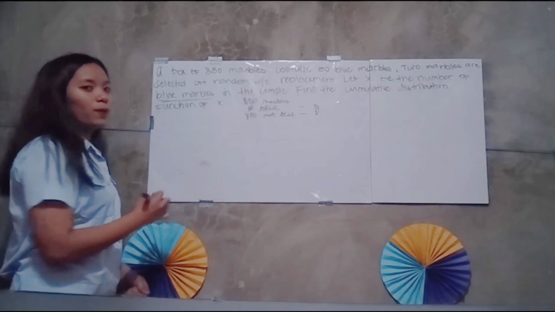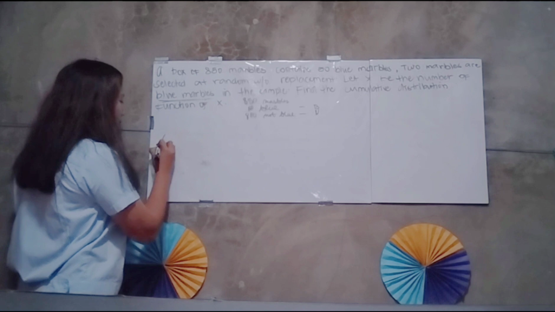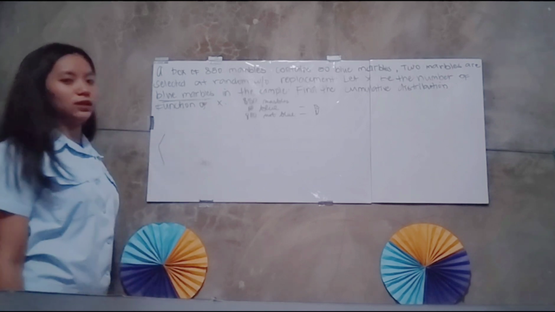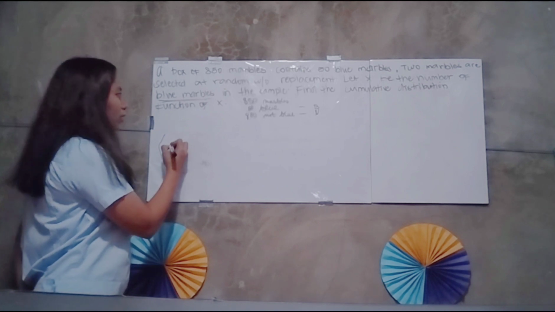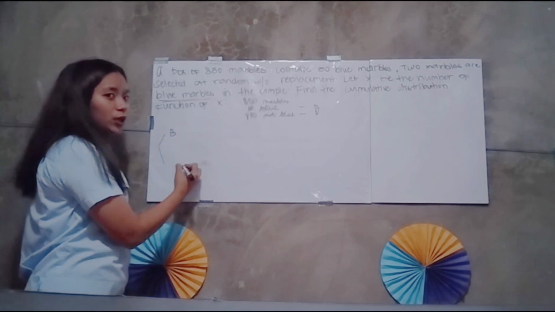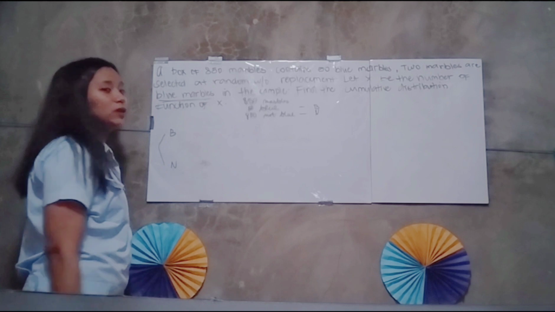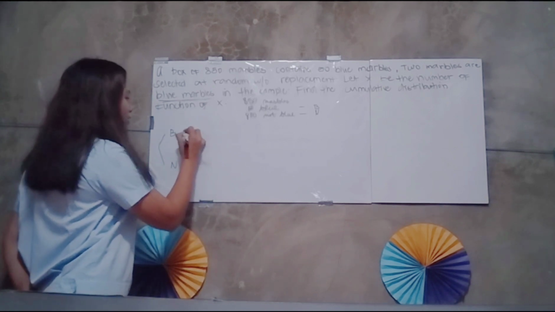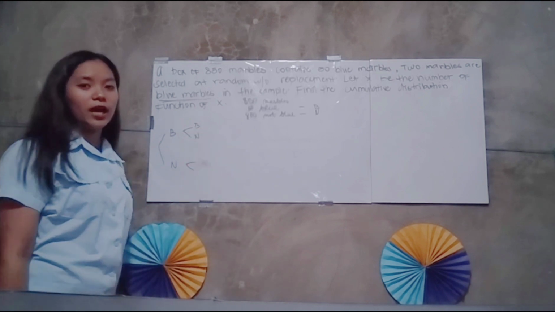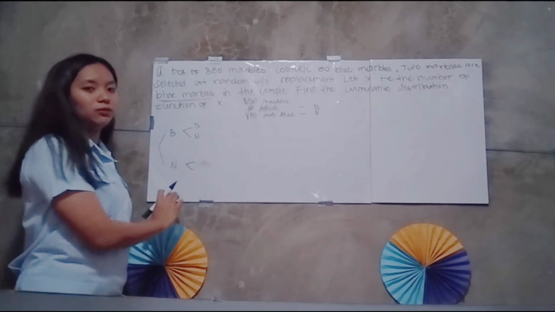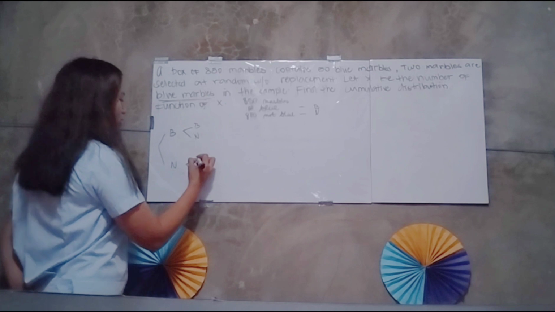So we will use the tree diagram to find the sample space. At the first selection, we can get blue marbles or not blue marbles. At the second selection, we can also have blue marbles and not blue marbles for each outcome in the first selection.